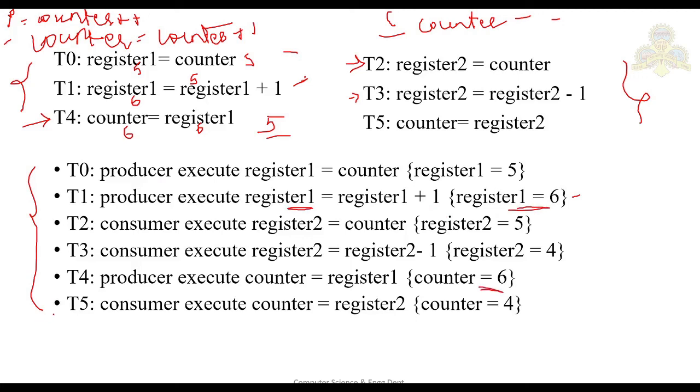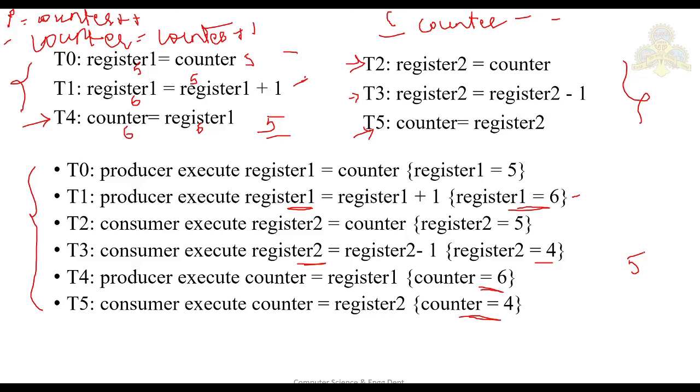Then the T5 instruction is executed, which is your consumer instruction. It puts the register 2 value into the counter variable. The register 2 value here is 4, so now your counter value is 4. What should the actual counter value be? It should be 5, because the maximum capacity of your buffer was 5.